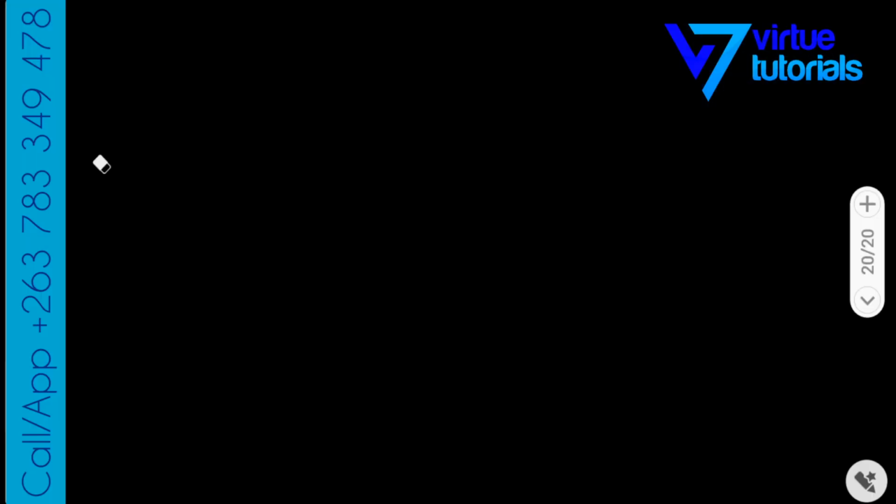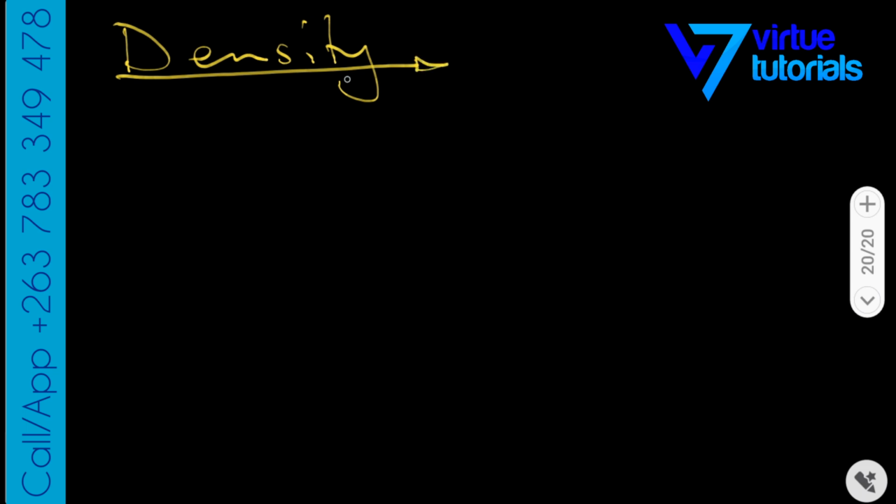Okay, last we look at density. In general, density is a measurement of how heavy a particular material is, right?